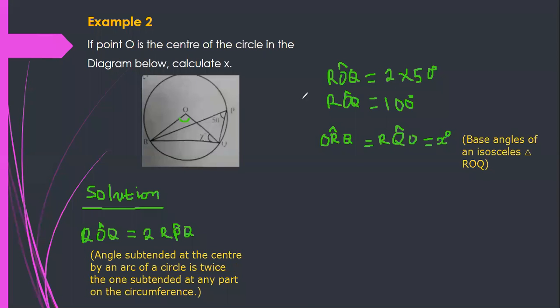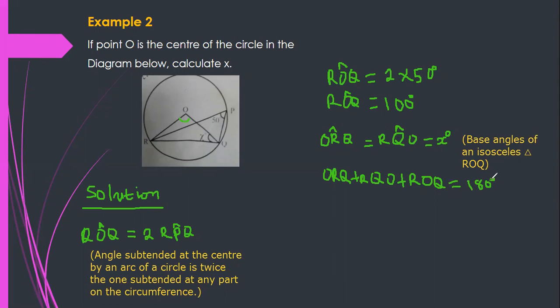so we say ORQ plus RQO plus angle ROQ is equal to 180 degrees.